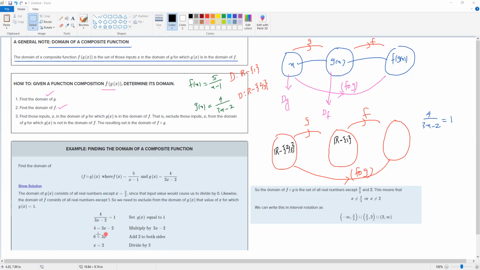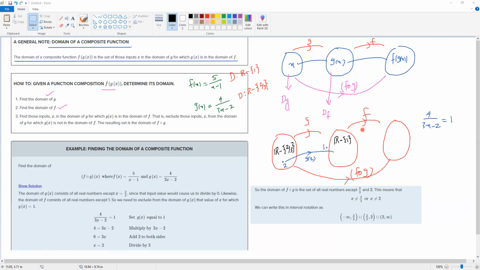So 3x minus 2 is equal to 4, 3x is equal to 6, x is equal to 2. That means here you took a point 2, this 2 comes, right, because it is a real number, in the set of all real numbers other than 2 by 3. Now when you find g(2), it is 1. But is 1 inside this particular domain?